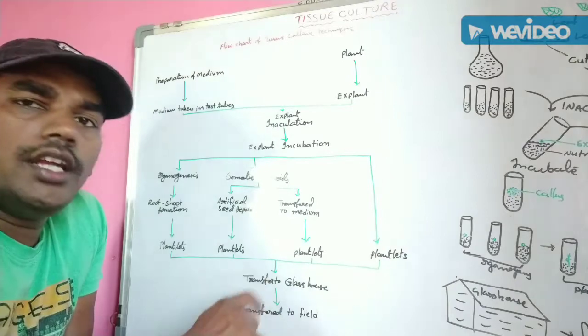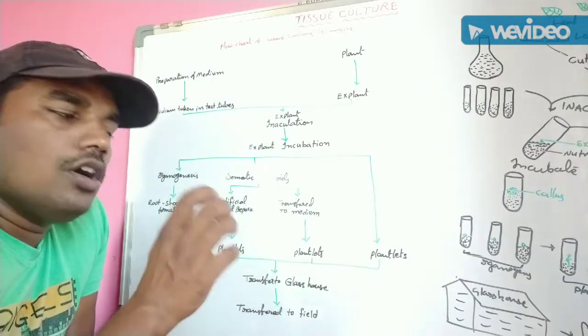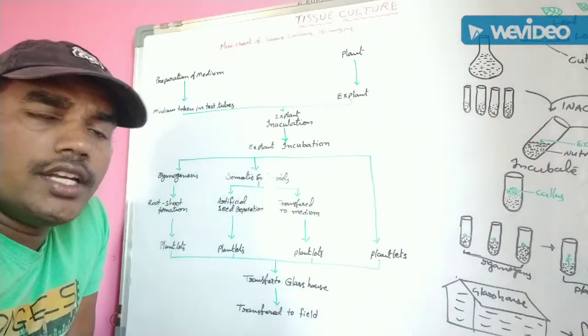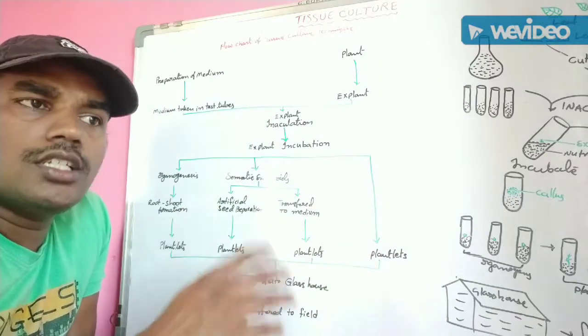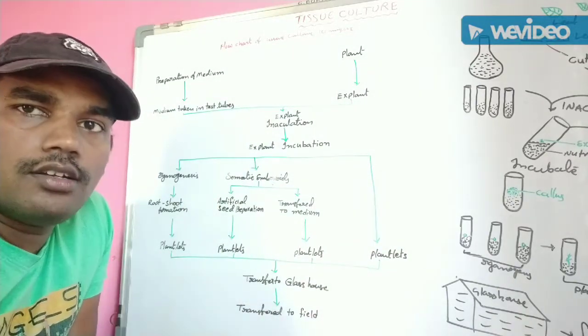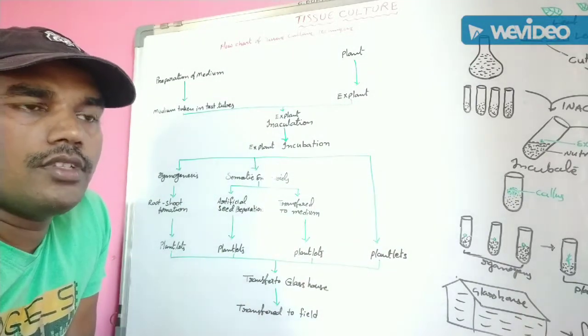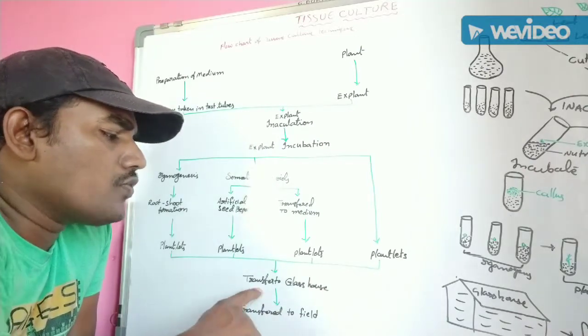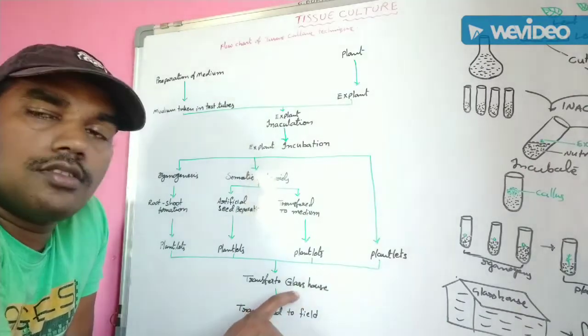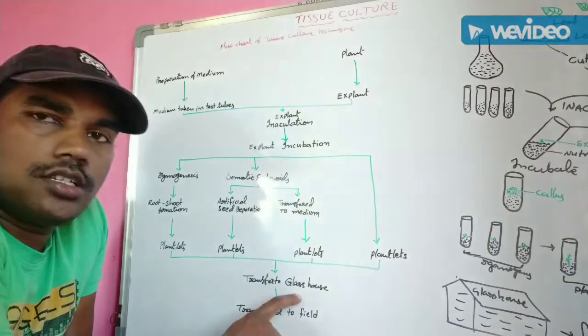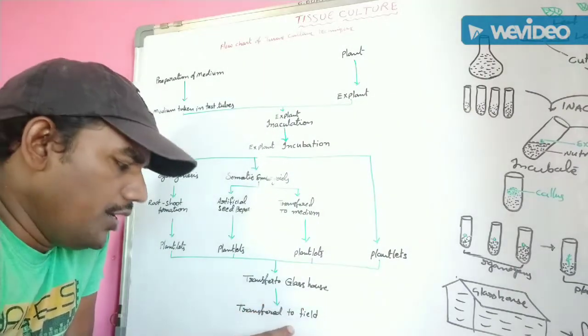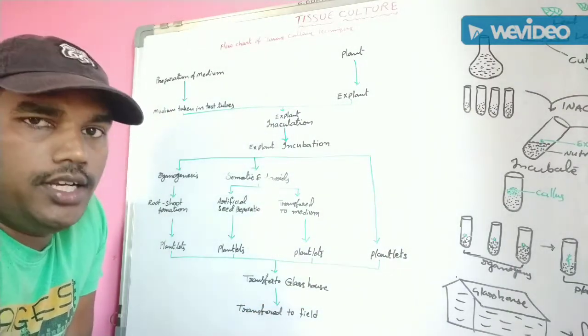You maintain different types of conditions to grow the plantlets into young plants. Understand? After the glass house, the plants are finally transferred into the field.